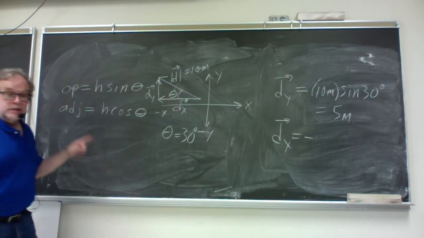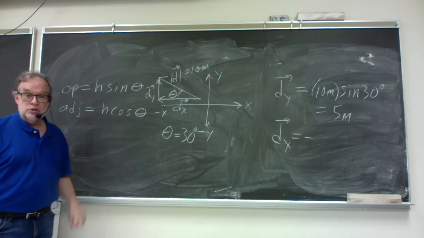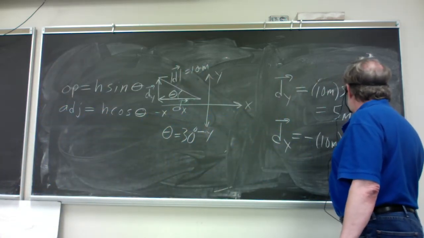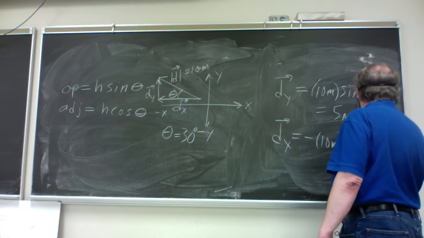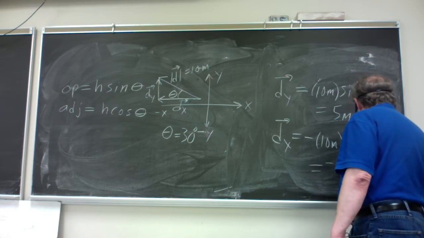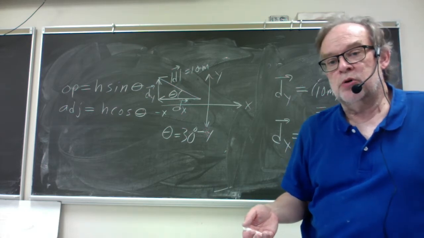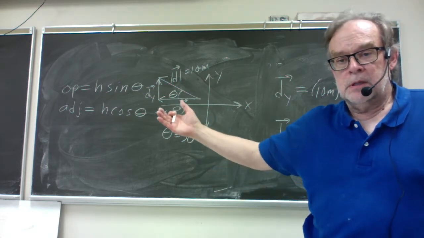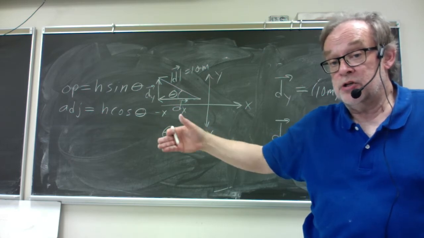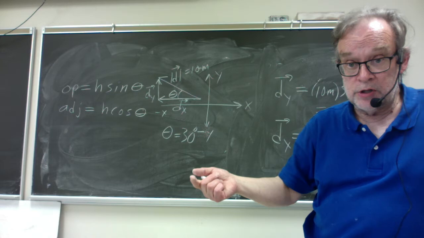In other words, -1 times the length of the side that's adjacent to the 30-degree angle. So it's minus hypotenuse of 10 times cosine 30 degrees, and that comes out to minus 8.7 meters. So there it is. By using just a little bit of trigonometry, we can jump from specifying that vector with a magnitude and direction angle to specifying it with the two components.